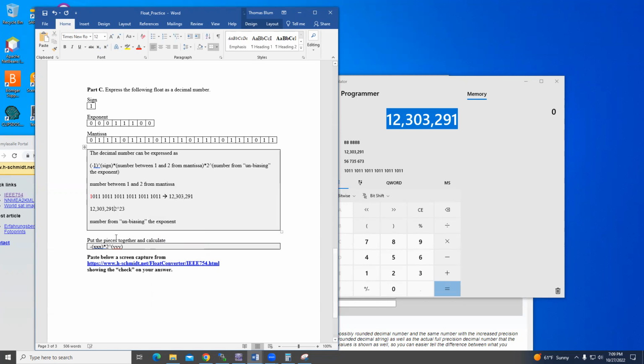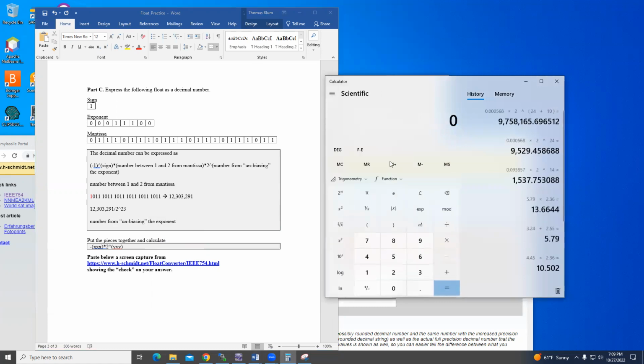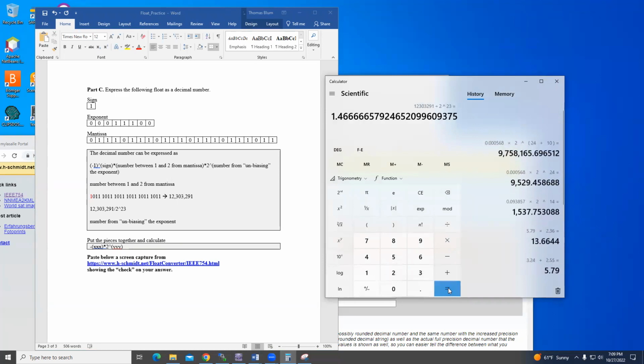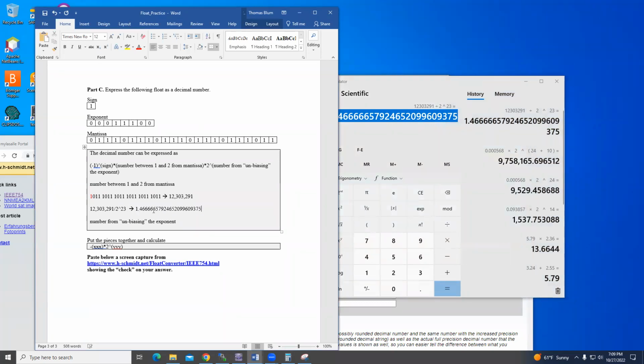Okay. So that's over in scientific mode. Control V paste, divide by 2 raised to the 23. There it is. As promised, I want a number more than 1, less than 2.